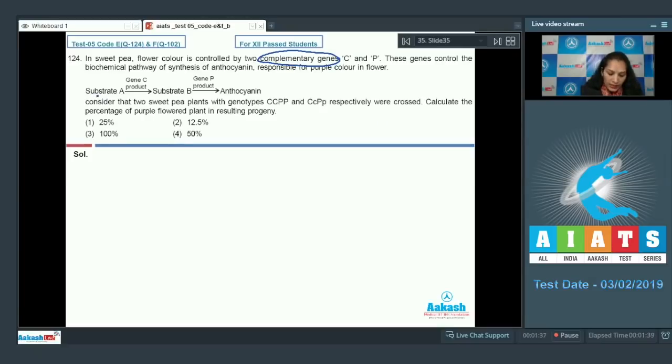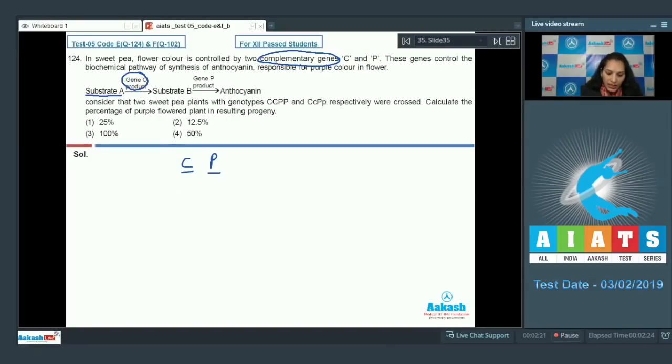See here, substrate A changes into substrate B with the help of gene C product, and then substrate B changes into anthocyanin with the help of gene P product. It means to produce anthocyanin pigment in the flower, or to produce purple colored flowers, a plant has both the genes capital C as well as capital P.